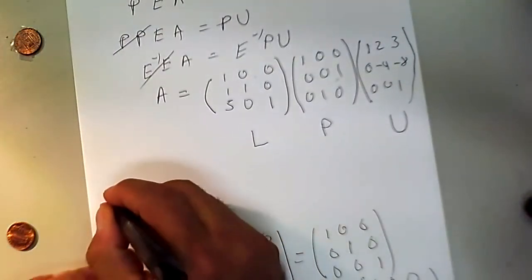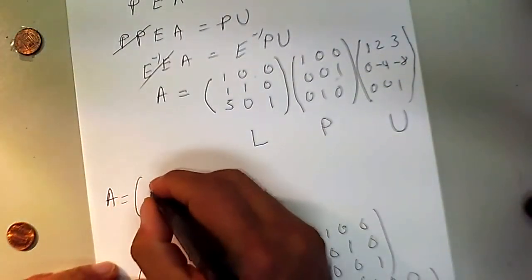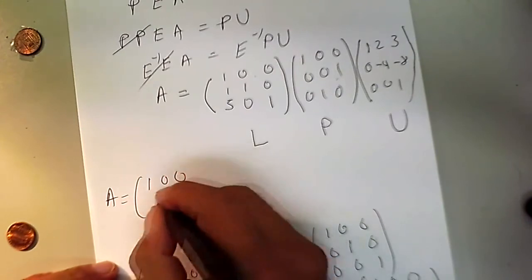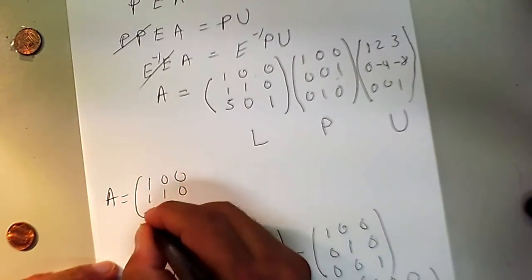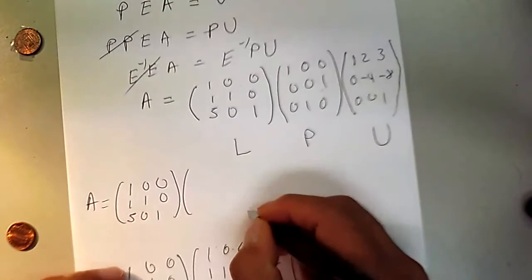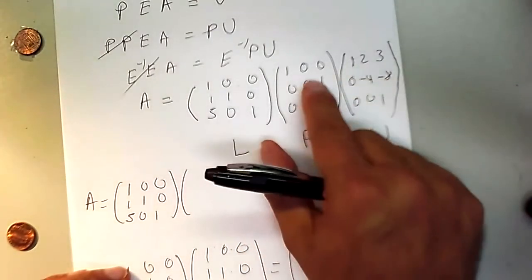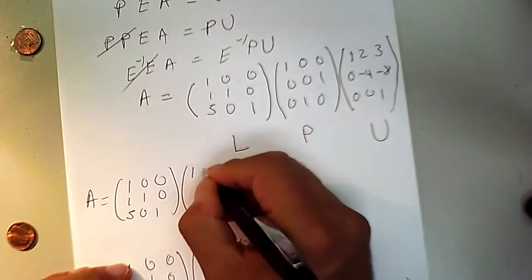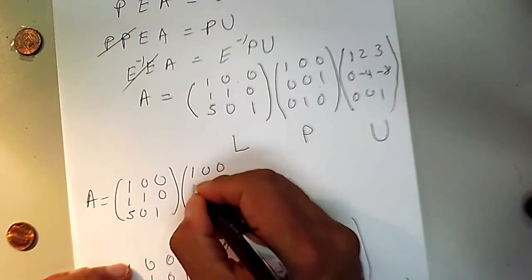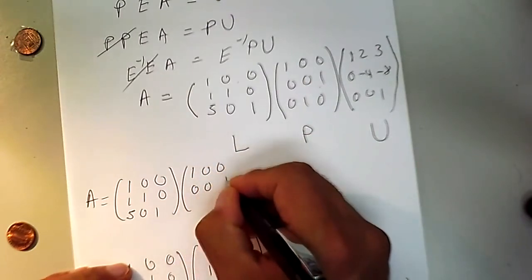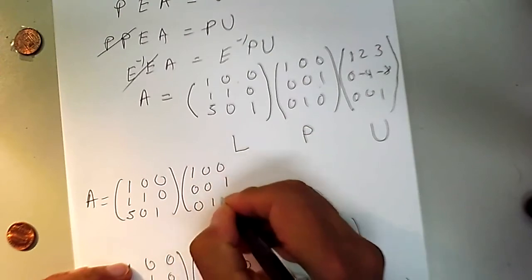So, okay, so A equals 1, 0, 0, 1, 1, 0, 5, 0, 1. Then we got our permutation matrix, 1, 0, 0, 0, 0, 1, 0, 1, 0.